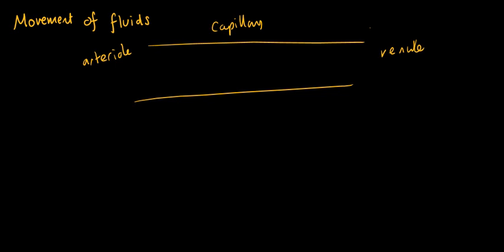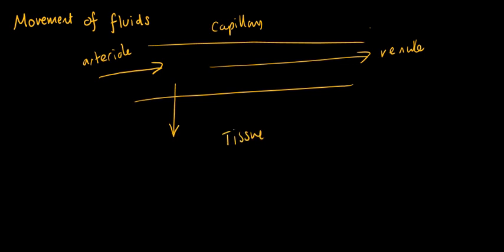So blood is going to come from the arterial end through the capillary to the venous end. And we're going to have fluid in the blood passing into the tissue at the arterial end and then back into the capillary at the venous end. And we're going to explain how this occurs.